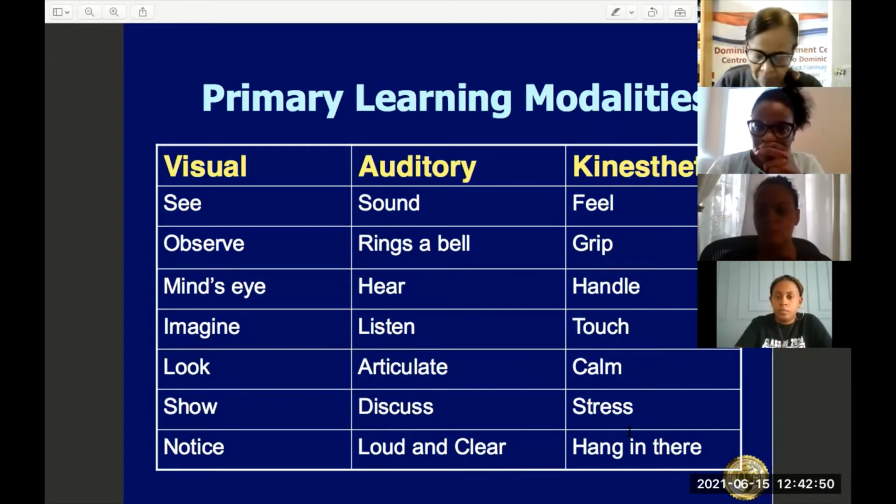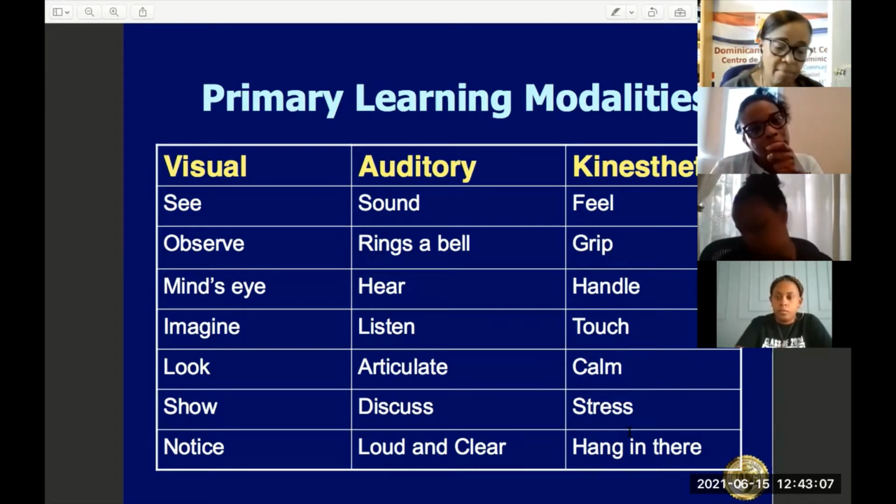Instead of saying, "Oh, I see you," they say, "Oh, I hear you." They use the words listen, articulating that, discussing that. I hear you loud and clear. So these are just a few different words for you to consider and listen for as you're engaging with someone.